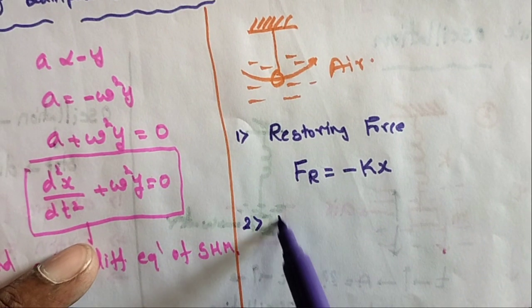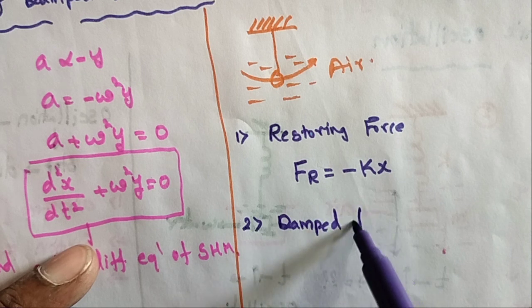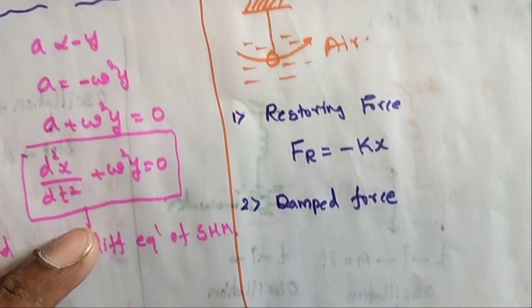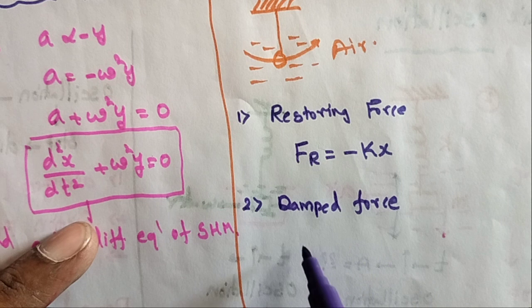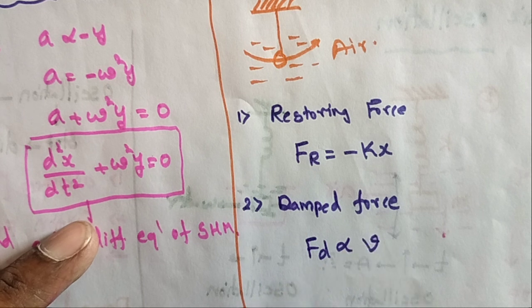Second one, the damped force is also acting. What is the damped force in this case? Due to air, this damped force Fd is always proportional to the velocity of the object.